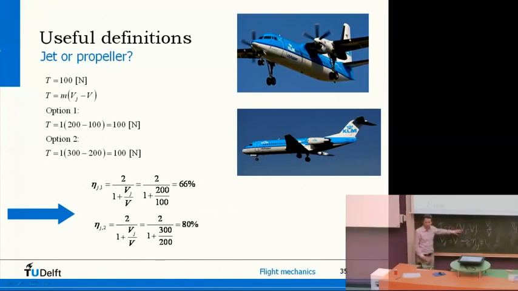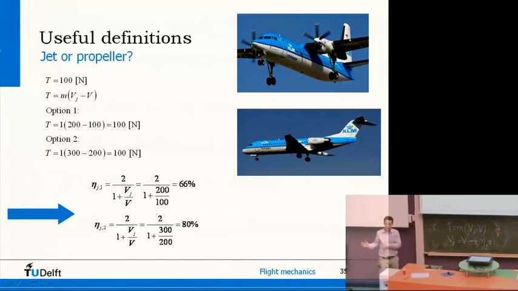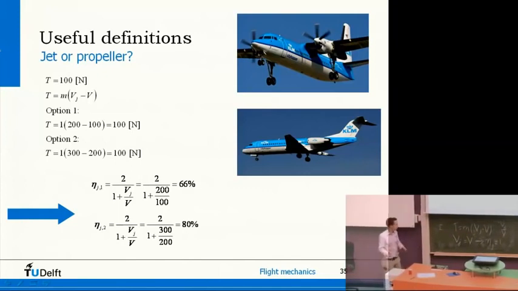As said in the beginning, you can do two things: take a large portion of air and give it a little push, or a small portion of air and a large push. Actually, if you fly fast, it makes sense to play with this acceleration. So if you fly fast, a thing like a jet engine becomes more efficient.